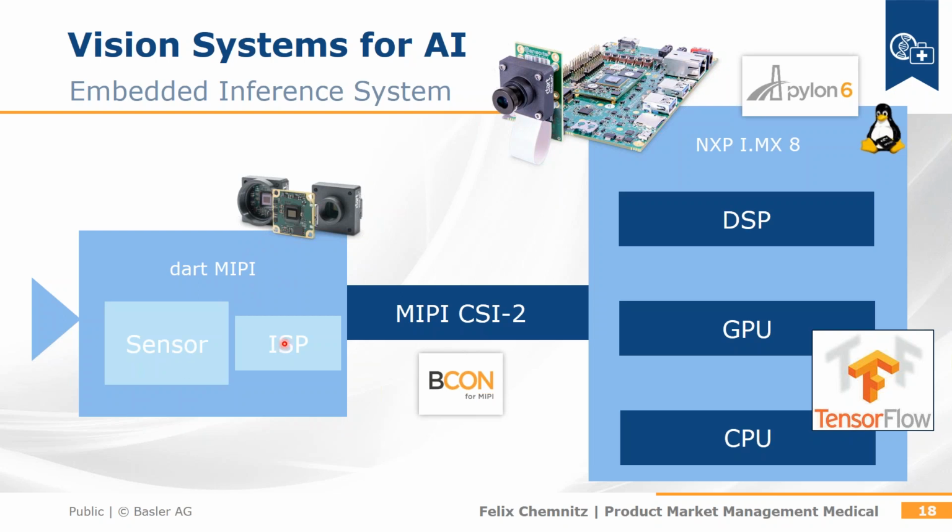Interesting regarding this camera is that it has an ISP, which stands for image signal processing, directly on the camera. So with this camera, you are able to pre-process the image.